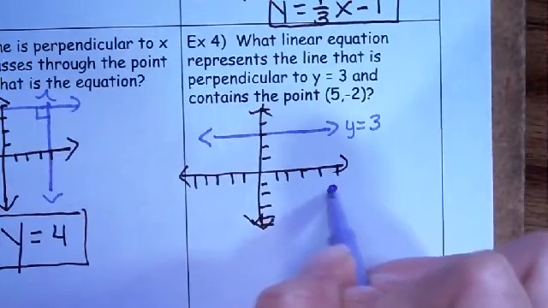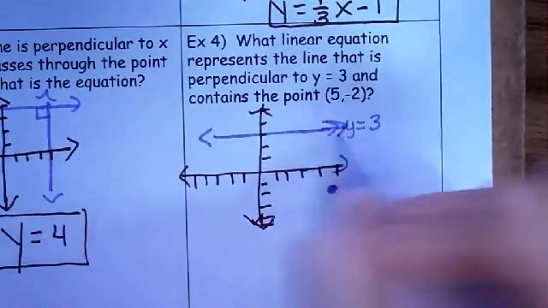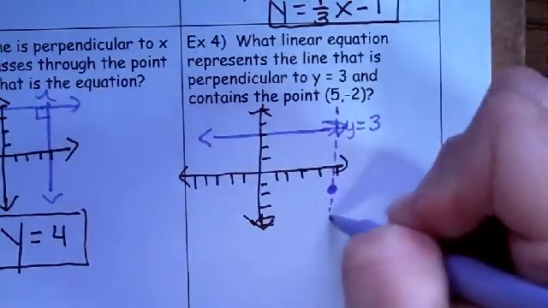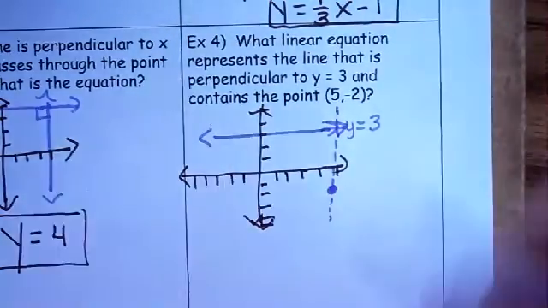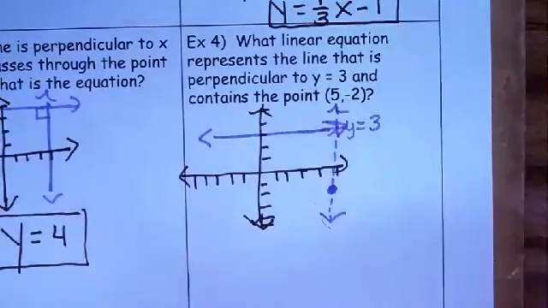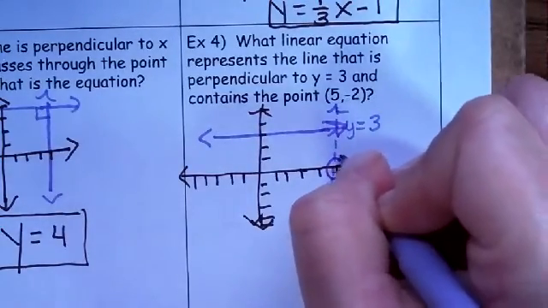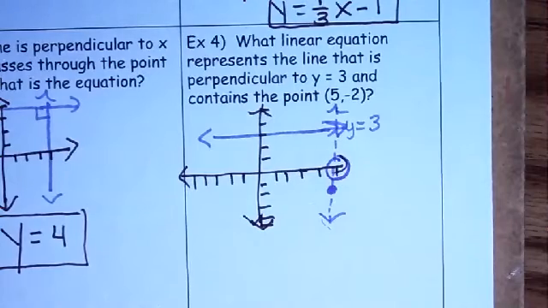If I'm going to make that line perpendicular, it's got to be vertical, doesn't it? So that it makes that right angle. And that is a vertical line that goes through 5 on the x-axis.